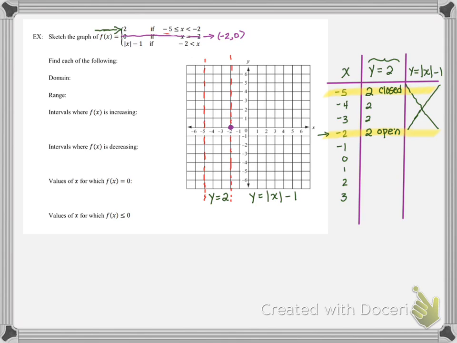Yeah, so we just said that was open because of this inequality right here. Good. So now I'm ready to draw that line. And again, it's just a horizontal line. So we said -5, 2 is closed, and -2, 2 is open.